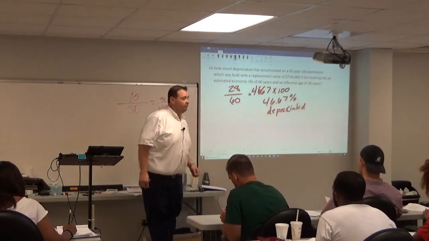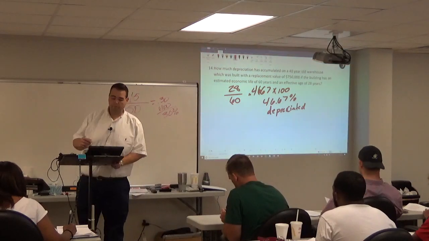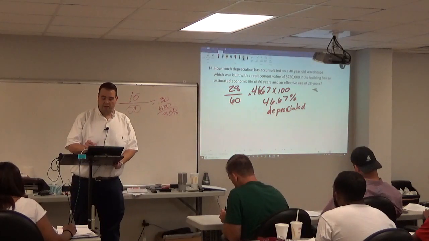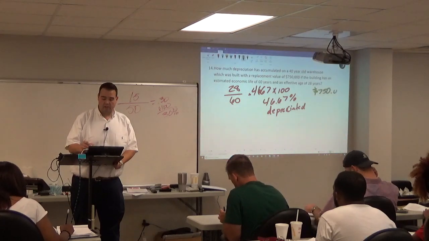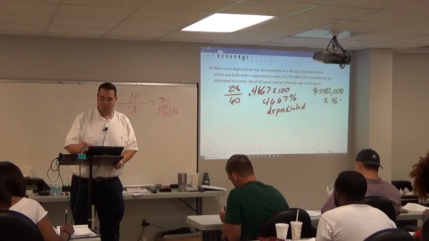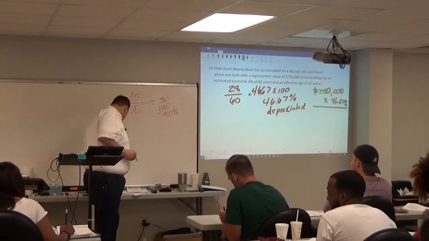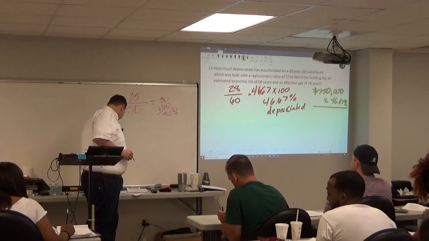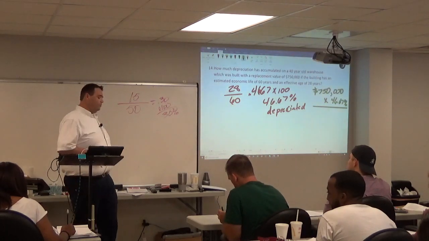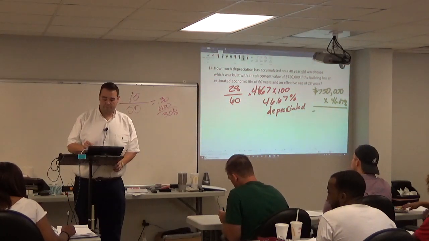The $750,000 number. So, we take our value of our building, our replacement value of $750,000, and multiply it times 46.67%. $350,000.